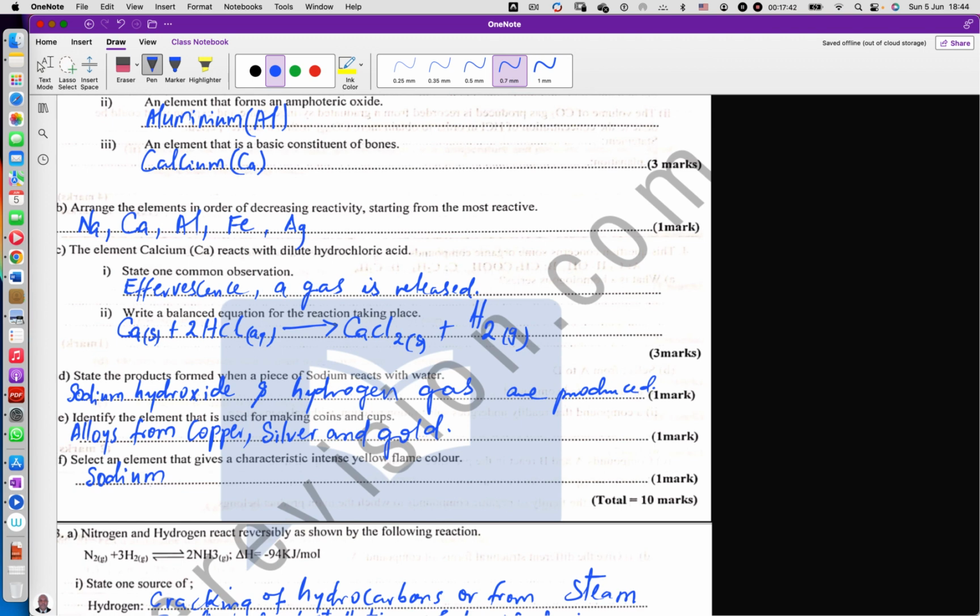A gas is being released, and that gas is hydrogen gas. When a metal reacts with hydrochloric acid, hydrogen gas is always released.